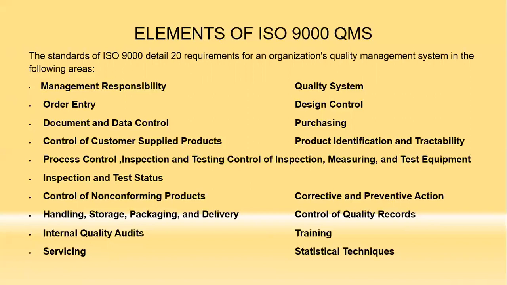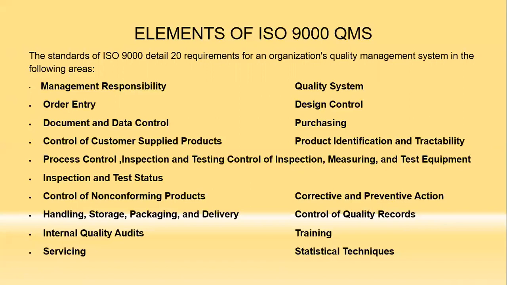Internal quality audits, servicing, the quality system the company is following, the design control they are implementing. They also look into the purchasing aspects, how to purchase, from where to purchase. All these things will be standardized. We have norms for all these things. Product identification and traceability, corrective and preventive actions, control of quality records, training and statistical techniques.